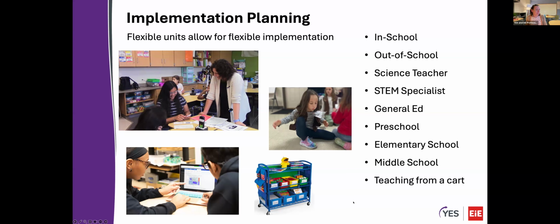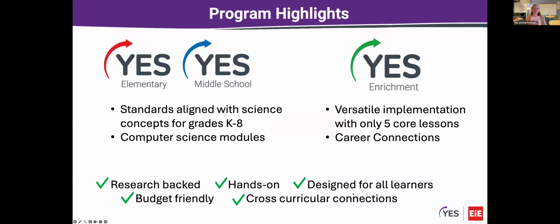I'll just go over how we've designed our curriculum. There are two categories, I would say. We have our YES Elementary and our YES Middle School units. We call them our in-school units. They're designed specifically around science concepts for grades K to 8.